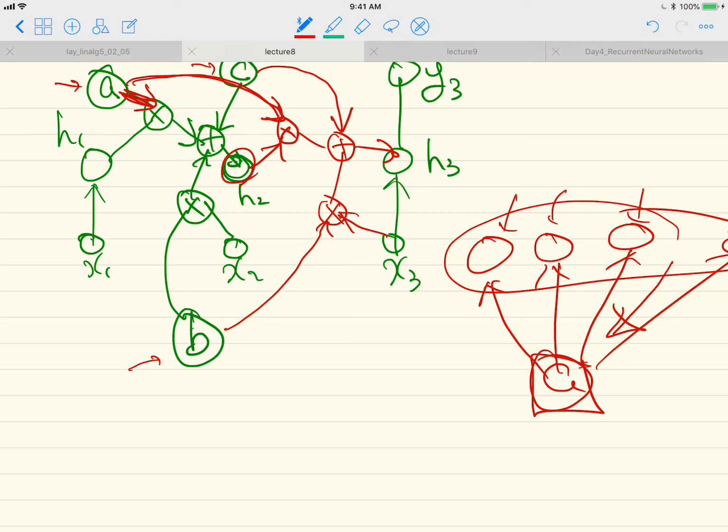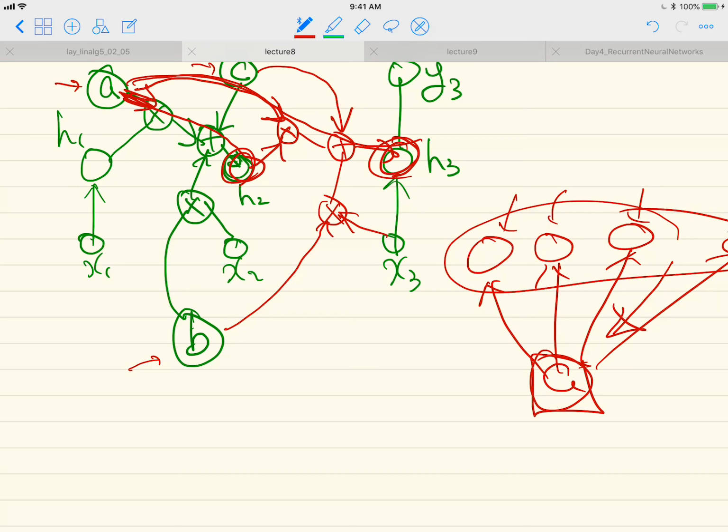And this one is H2 and H3 and maybe H1, and we know how the gradients for H3 to H1 are formed at this point, right? And then they are backpropagated through this path and through this path, and eventually the gradients from these multiple paths are added together to form the single gradient of A, right?